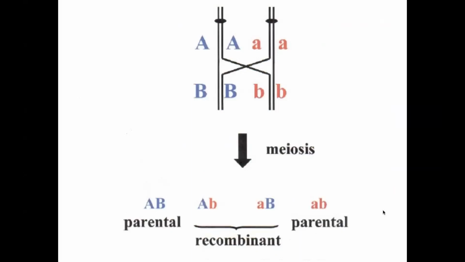Okay, so if you have a way of detecting recombination frequencies, then you can build maps. If the recombination frequency is low, you know that the two linked genes are close to each other on the chromosome. And if the recombination frequency is high, then you know that they're far apart. So again, you can build genetic maps based on recombination frequencies.